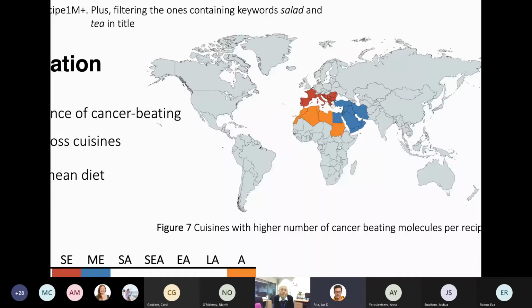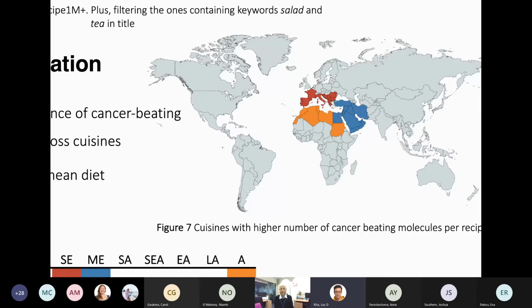In this case, cancer-beating properties. And one result that we got was exactly identifying that Mediterranean countries, countries where the cuisines, the South European, the Middle East, and the African cuisine, on average have a higher number of ingredients with cancer-beating properties.